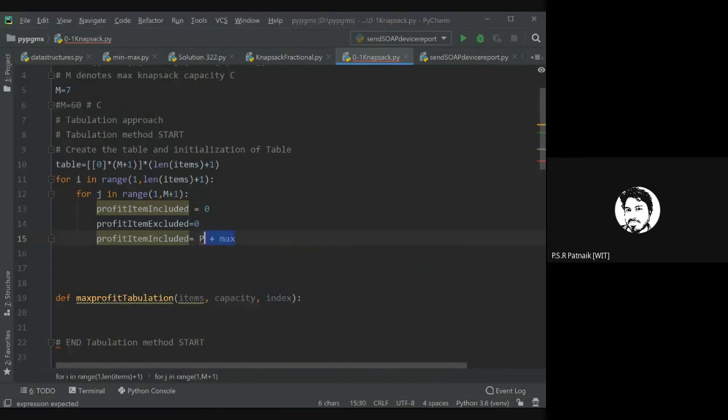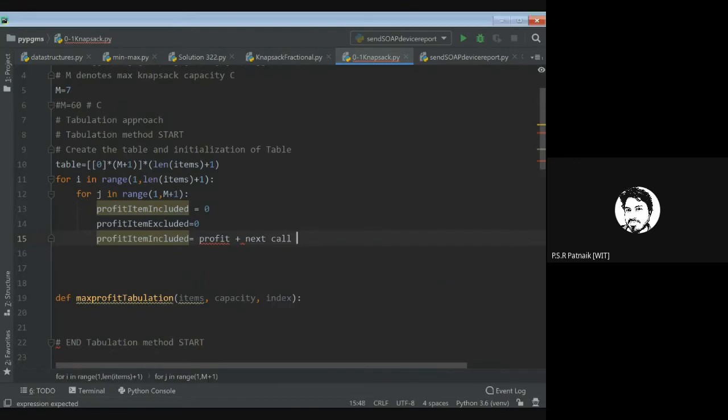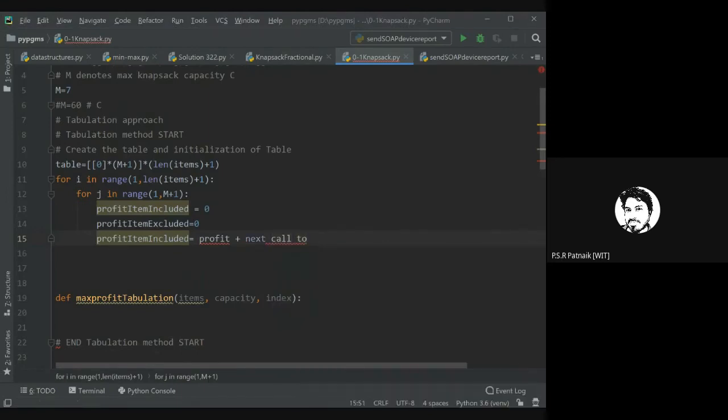I used to write something like this on the earlier screen I shared. So what I do here is add the profit. It is nothing but profit plus the next call to the subproblem, minus weight. That's what I'm doing, right?